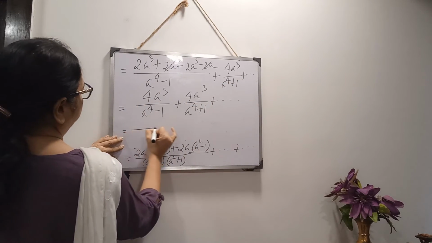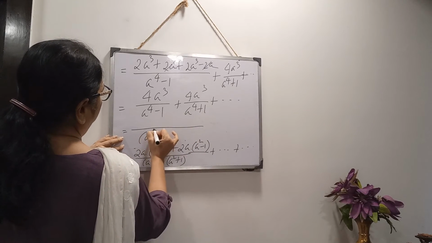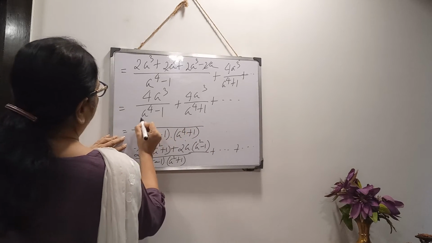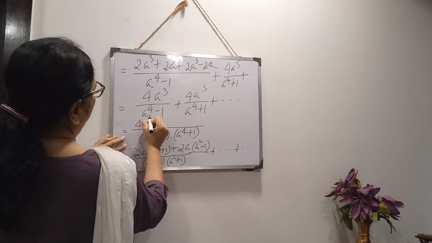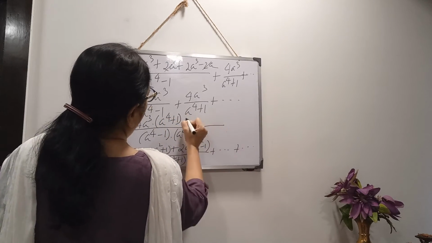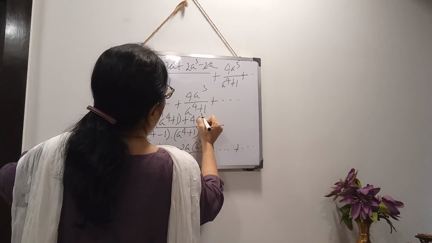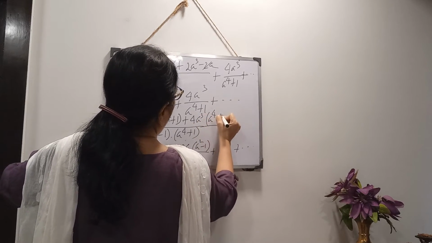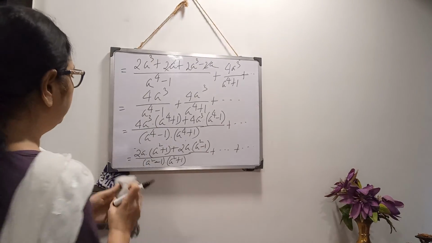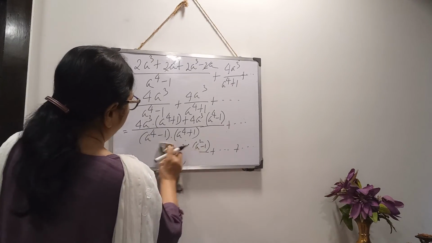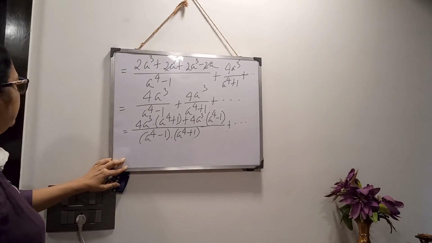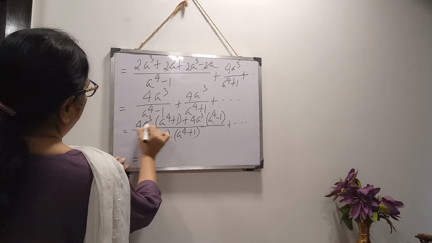Then again LCM. A to the power 4 minus 1 into a to the power 4 plus 1. Here 4a cube into, now you have understood what will come here, 4a cube into a to the power 4 minus 1 plus last term. Then multiply.